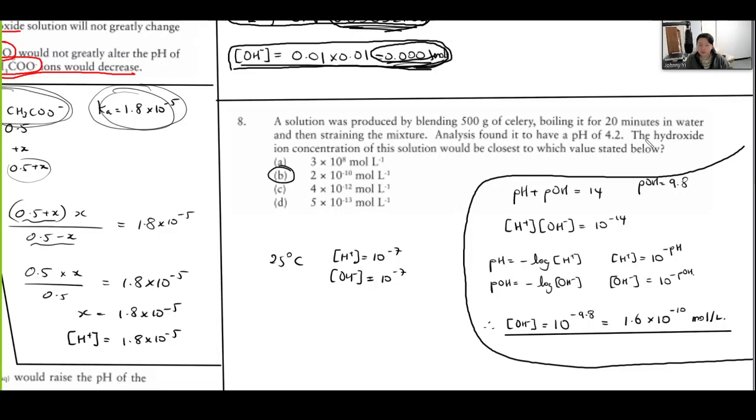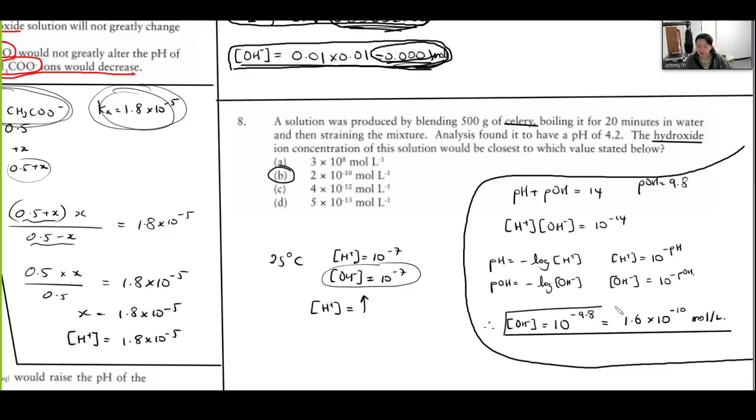So this doesn't mean celery contains some hydroxide. It doesn't. It's just that the acid concentration has gone up. So this naturally existing hydroxide amount, which is 10 to the power of negative 7, has now gone down to 1.6 times 10 to the power of negative 10.